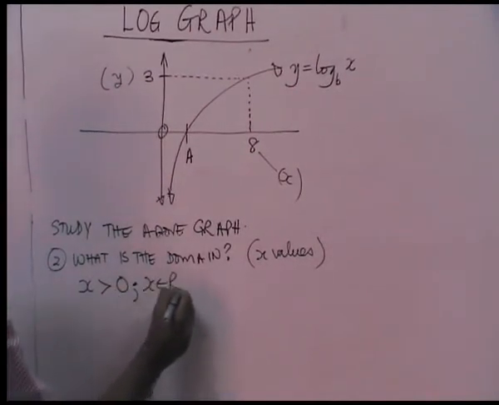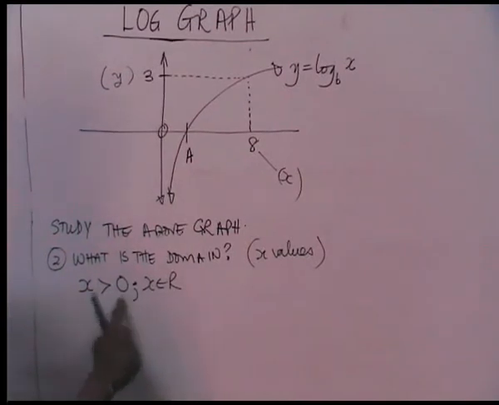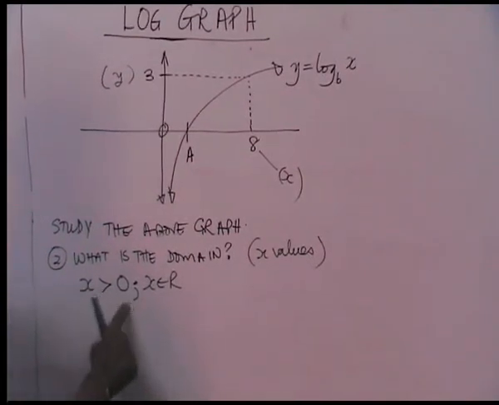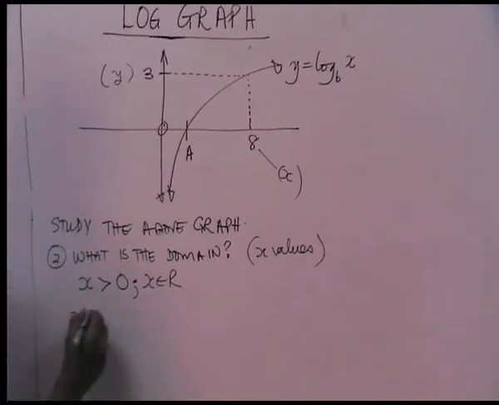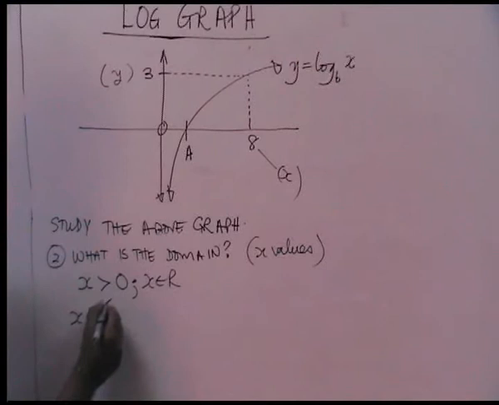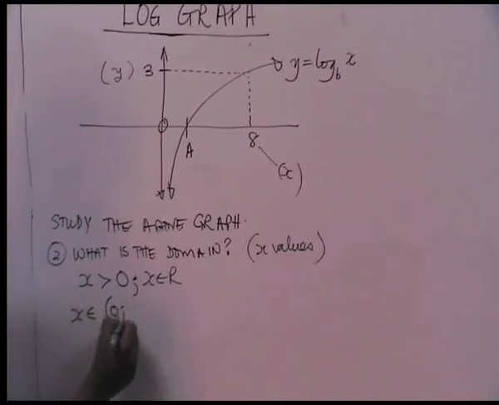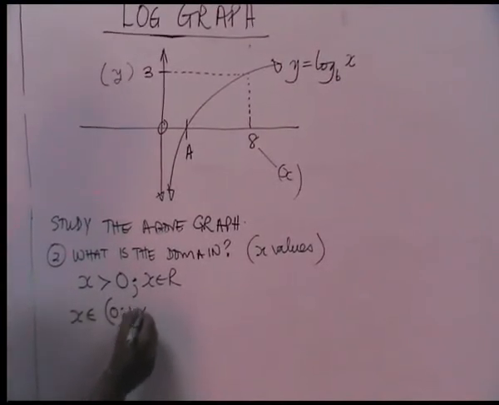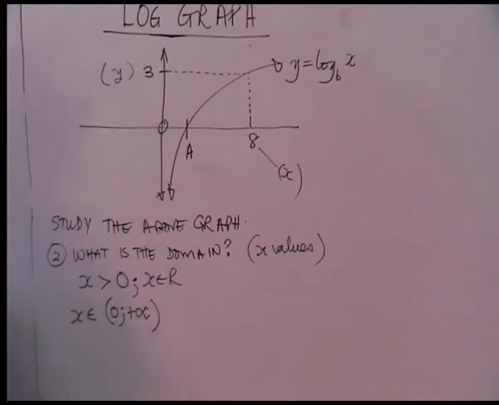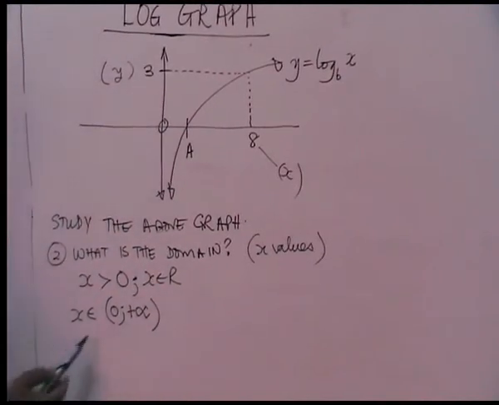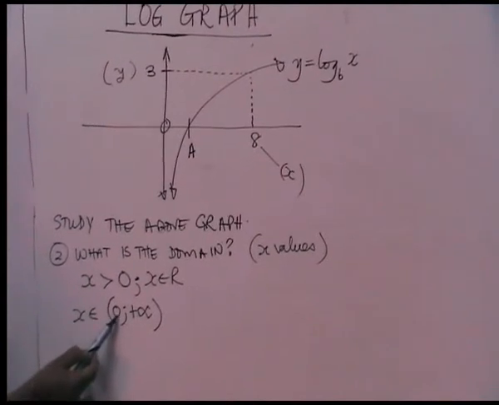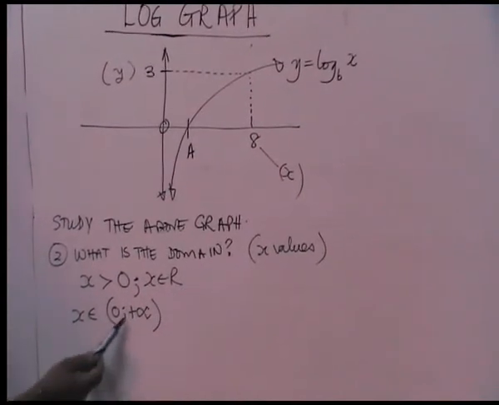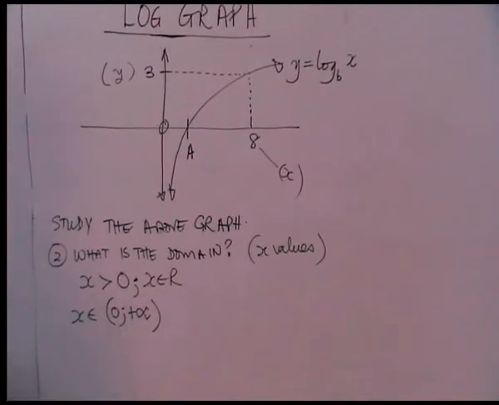X is an element of real numbers means you can use whole numbers, fractions, anything, as long as it's greater than 0. Another way of writing the same answer would be x is an element of 0 to positive infinity. What this is saying is that you can use any number. 0 is not included, in other words, just after 0 and greater, and right up till positive infinity.